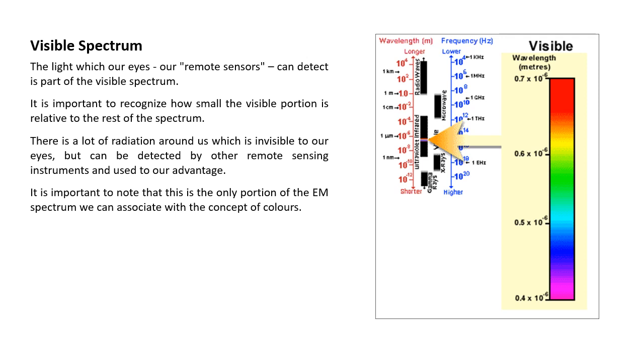If you see the visible spectrum here, the first one given is the visible spectrum. It starts from 0.4 micrometer and ends at 0.7 micrometer.